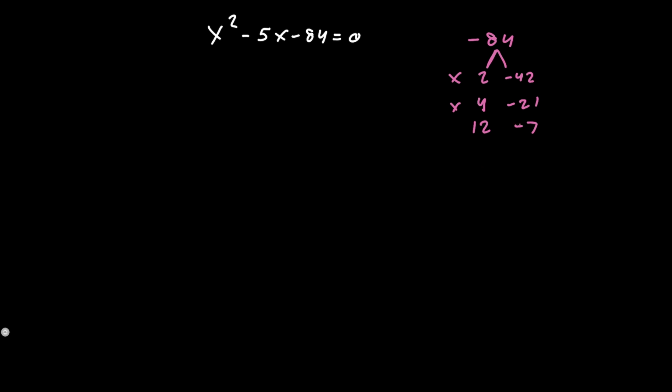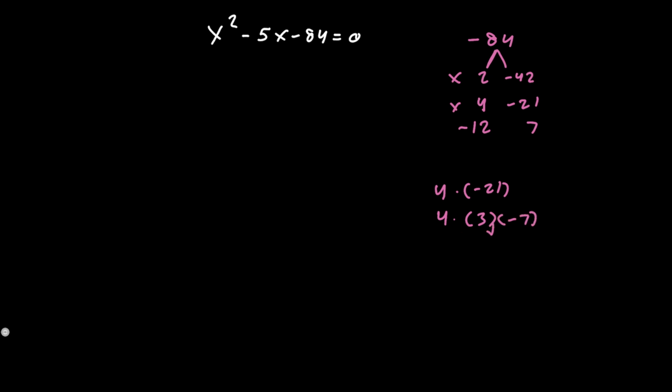So all we do is just switch the sign. And then we have negative 12 plus 7, which is negative 5, and it multiplies to negative 84. And the reason I got 12 is because we have 4 times negative 21. We could split this as 4 times 3 times negative 7.